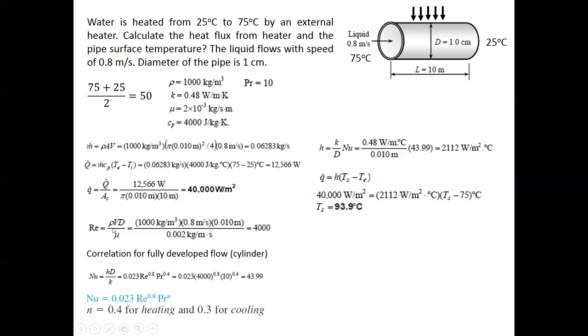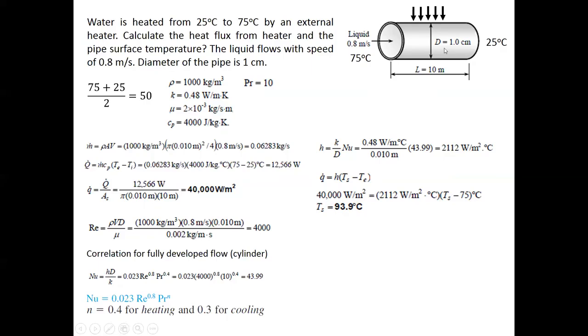So next, you need to calculate the Reynolds number. Okay, you have the density, you have the speed, you have the kinematic viscosity, and then you calculate the Reynolds number, which is basically 4,000. This is more than 2,300, so we can categorize this as turbulent, and therefore it allows us to use this correlation.